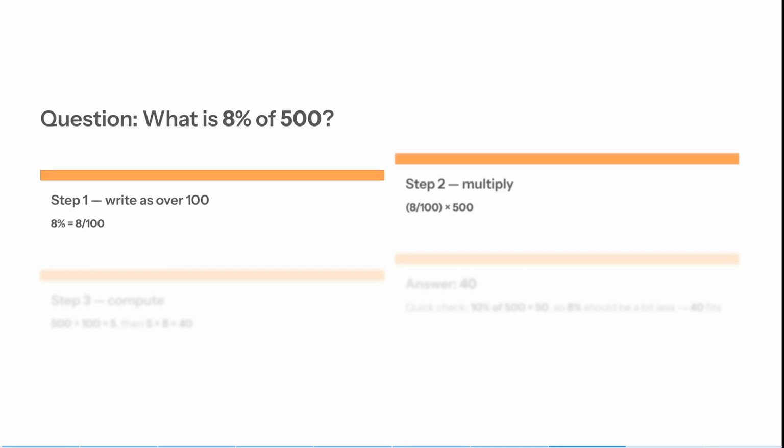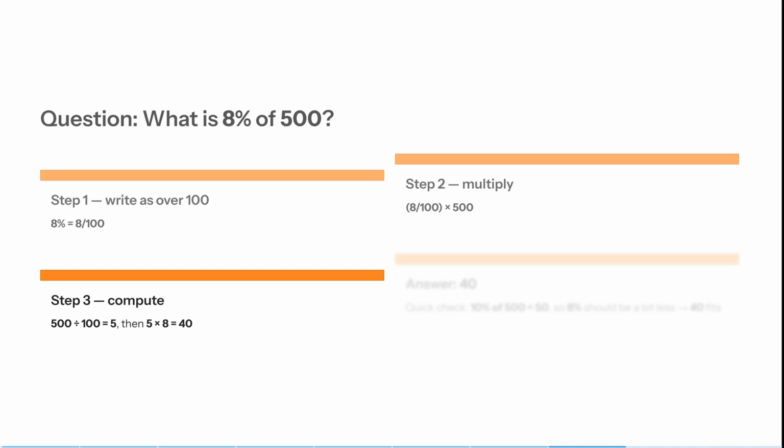Next one, what is 8% of 500? So we write it as 8 over 100, and then we can multiply that. So remember, what we can do is divide by the 100 and then multiply by the 8. I think that's what we're going to do here. 500 divided by 100 is 5, nice and easy to work with. And then 5 times 8 is 40.